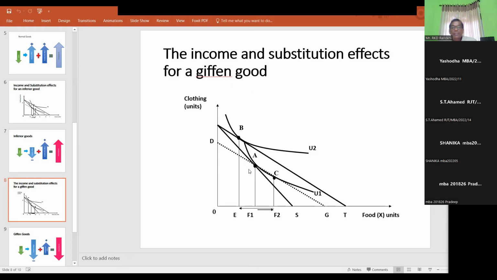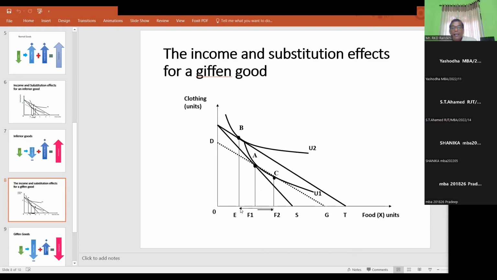And the given concept is consuming less than earlier. According to indifference curve 2, U2, point B is now reduced from the earlier F1, now E. This is the tangent point.